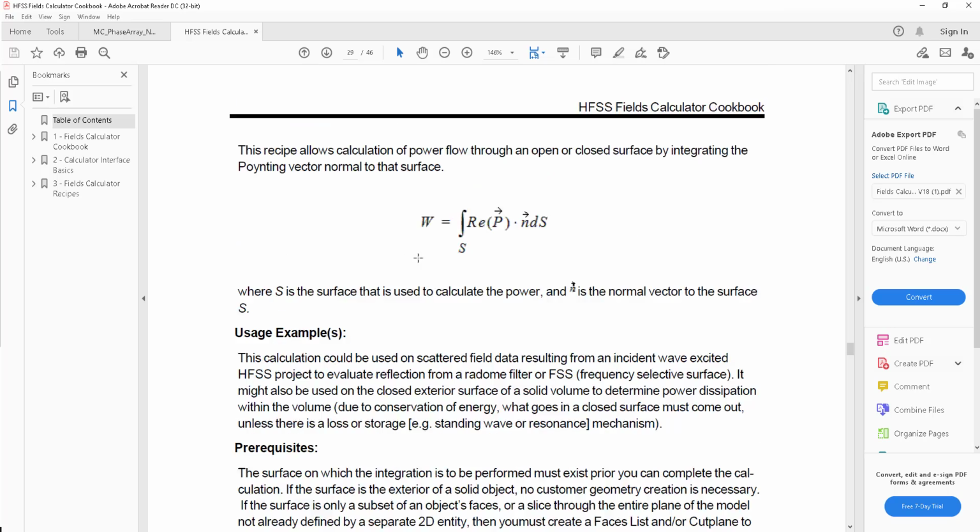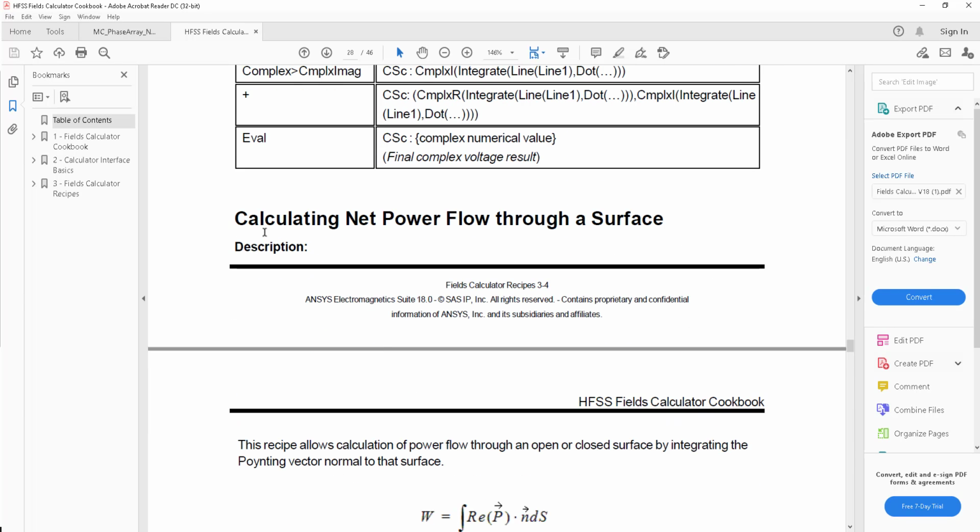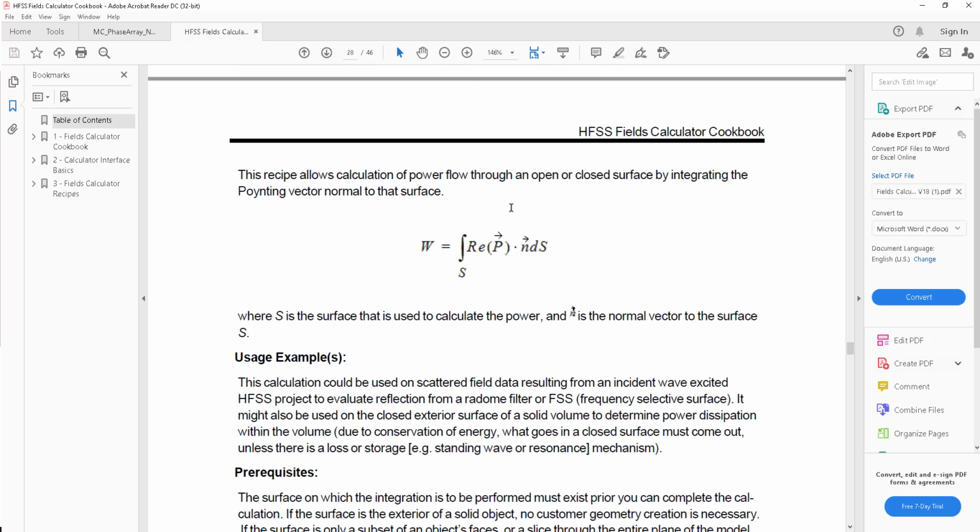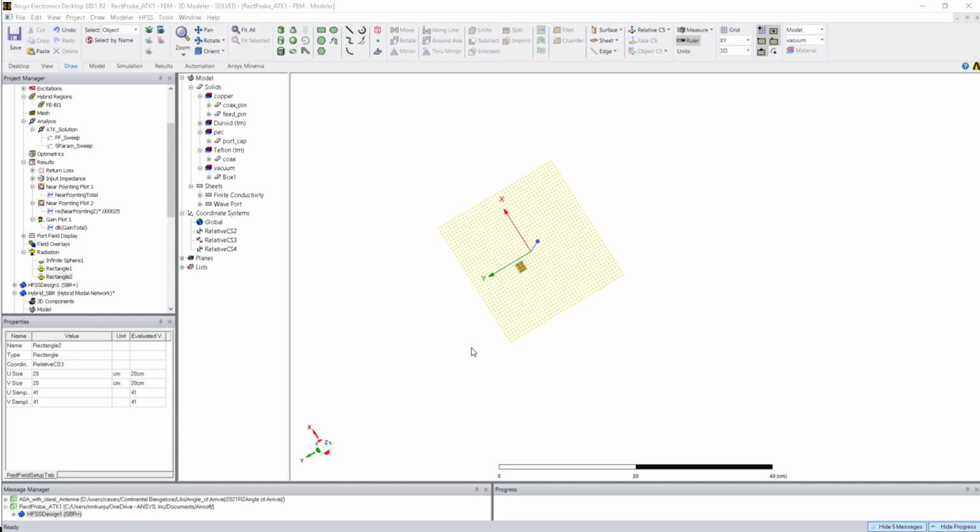Before that, you need to know how to calculate that. If you go to the HFSS field calculator, there is a section talking about net power flow through the surface. It's nothing but the real part of the Poynting vector normal to that particular surface. That means you need to calculate the near field Poynting vector, which you can consider as the near field in x direction, y direction, and z direction.